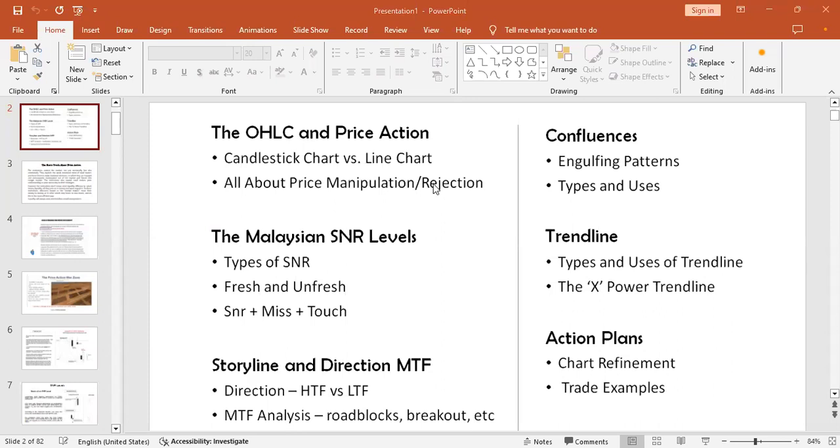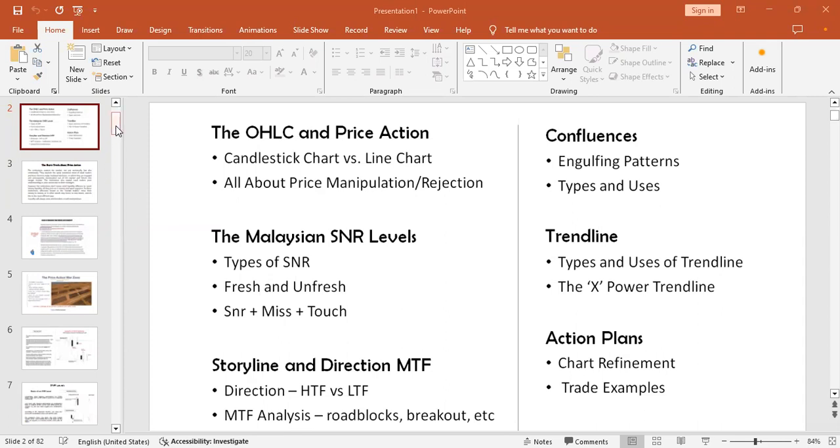Storyline is simply the direction. You must get right the direction of the market. You don't just take a trade without going through the storyline, because every time frame has its own unique storyline. Every candlestick has its own unique storyline.